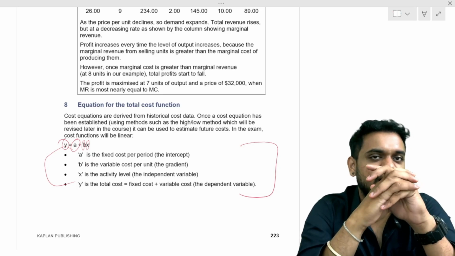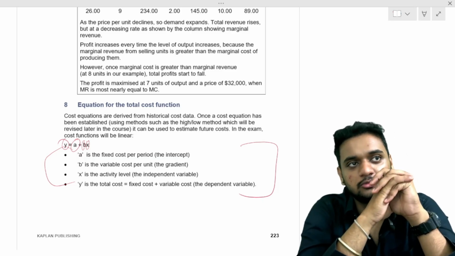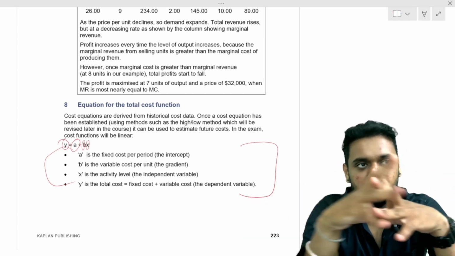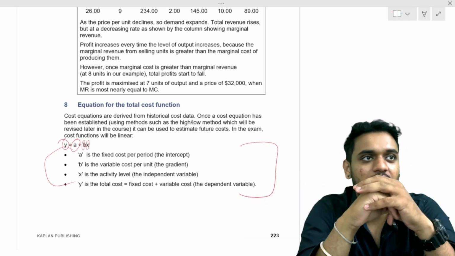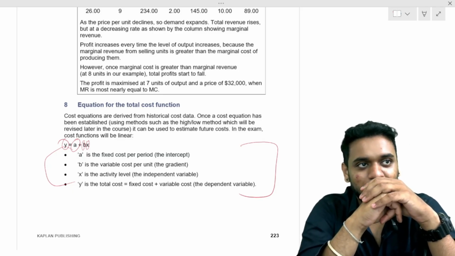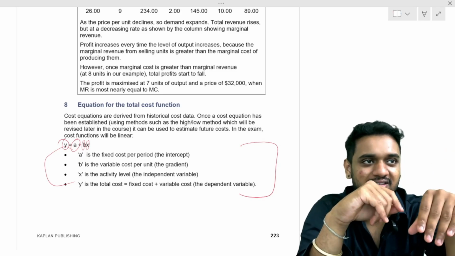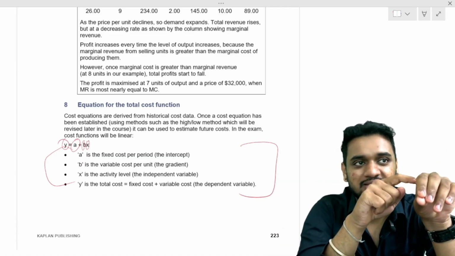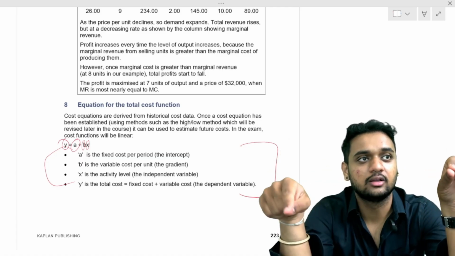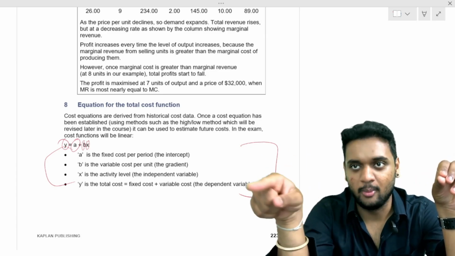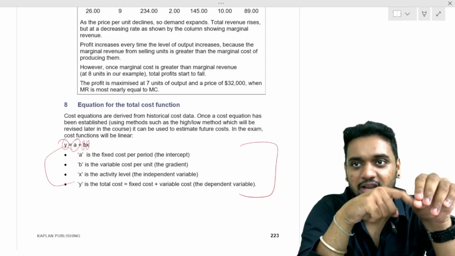Total cost will be determined based on what? Fixed cost we know before. Variable cost per unit also we know before. What is the total number of units? The total cost increases or decreases based on the number of units. The total cost is dependent on what? Number of units. Based on how many units we sell, the total cost will increase or decrease.